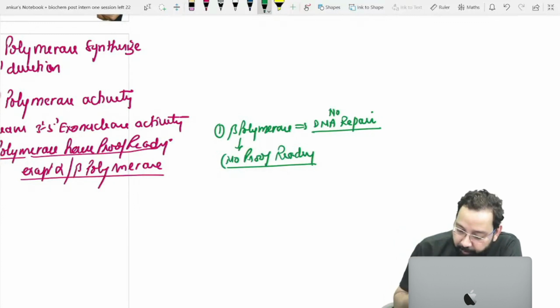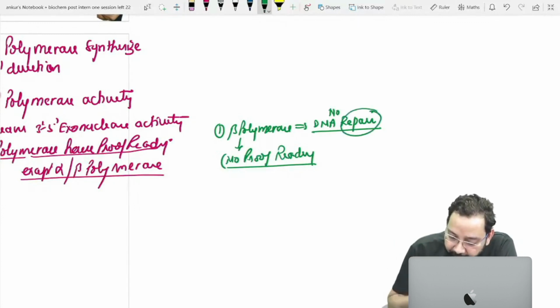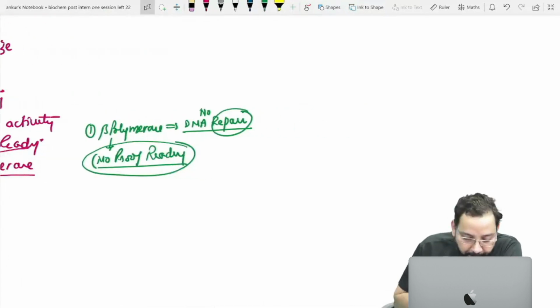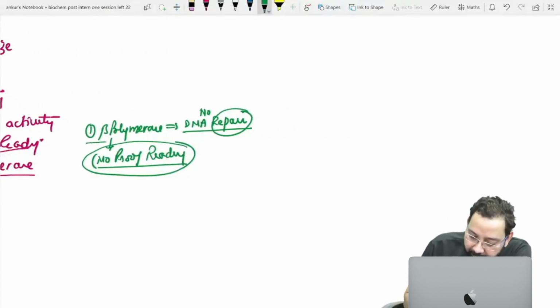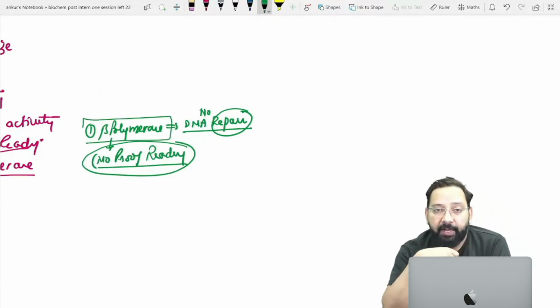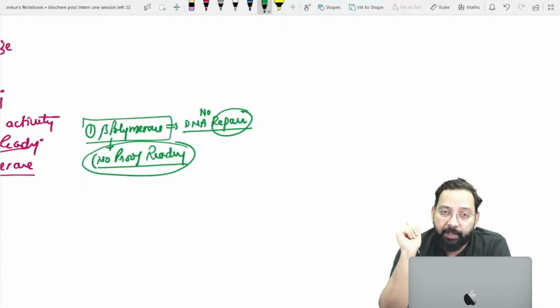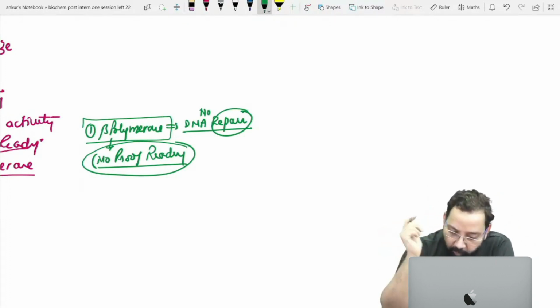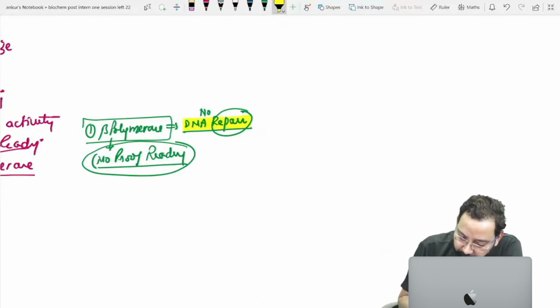Yes, it is possible. DNA repair is different from proofreading. Proofreading means if I commit a mistake and I correct it, this is proofreading. If you commit a mistake and I correct it, it is repair. Okay. So proofreading.